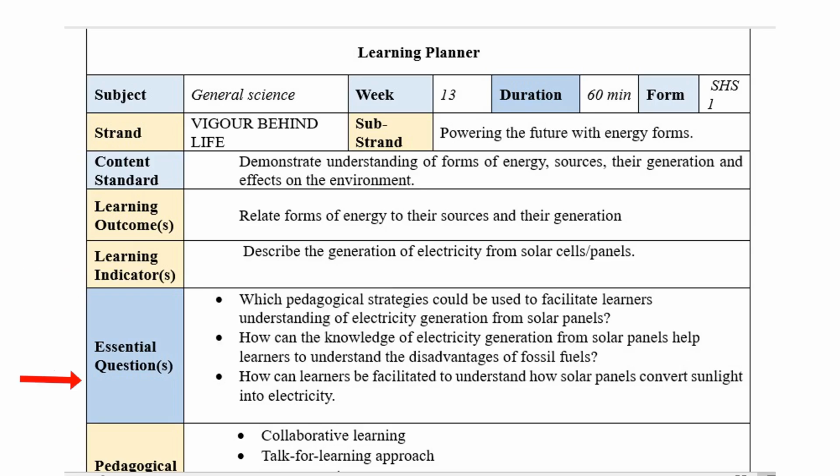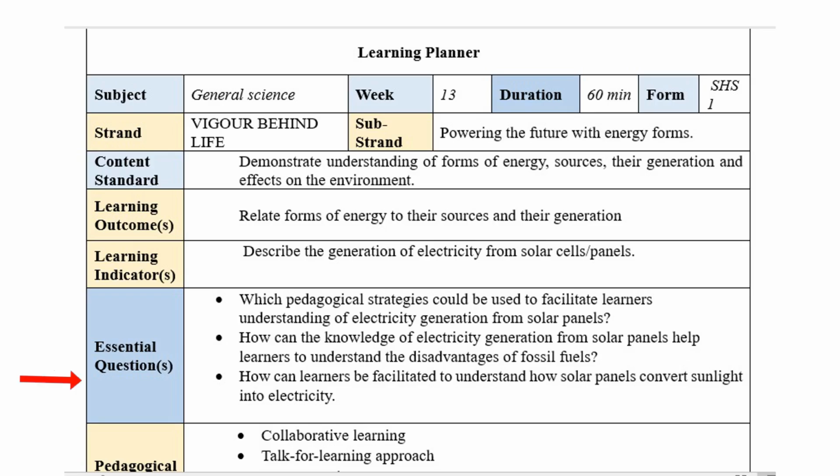The next question is: how can the knowledge of electricity generation from solar panels help learners to understand the disadvantages of fossil fuels? This is about the learner. Then the third one: how can learners be introduced to alternative materials in the environment that can be used to make solar panels?